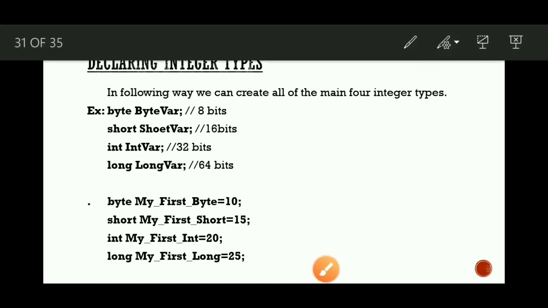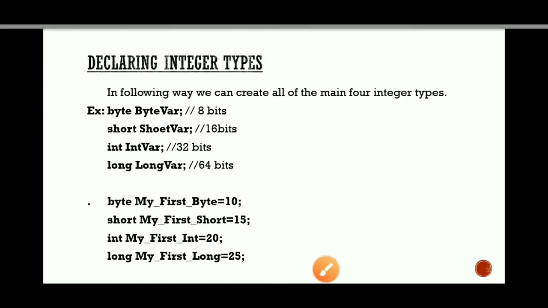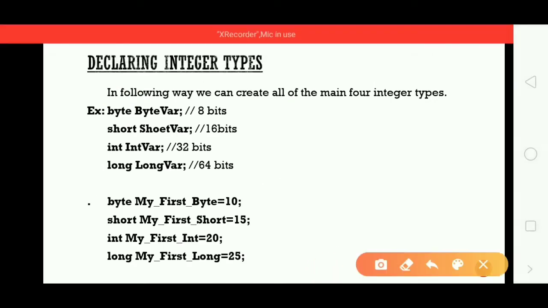Next we have declaring integer types. Integer types can be declared just like boolean variables, but the only difference is that here we are going to use whole numbers as values.